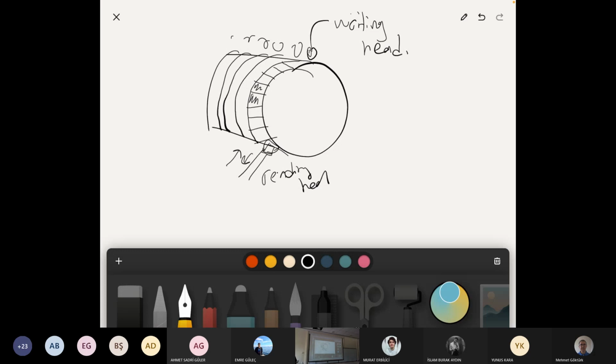This was not a hard drive. This was actually RAM in those years, because there was no RAM available. So all the information stored for further processing with the flip-flops made by vacuum tubes was stored in these drums.